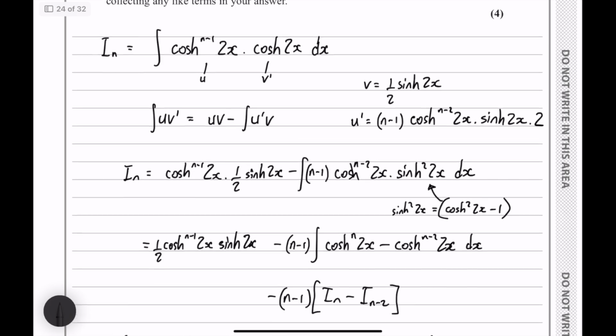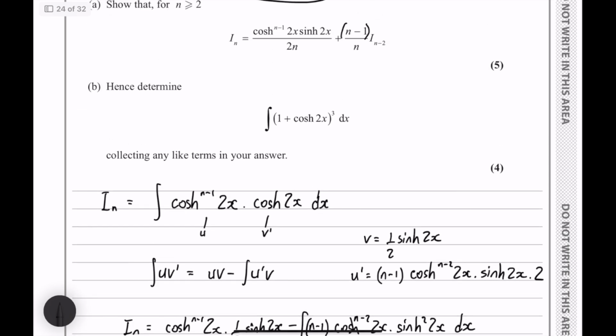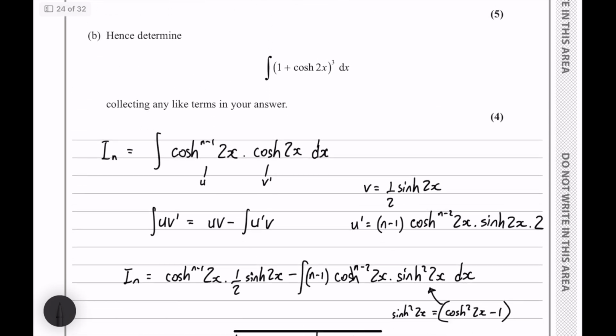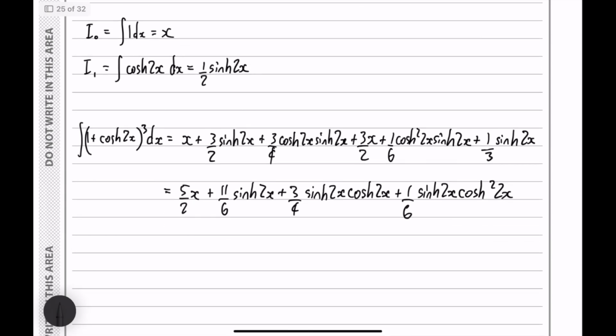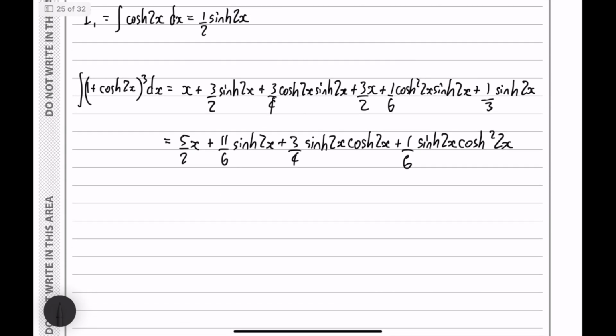What does it say to do with that? Collecting any terms in your answer. Yes, we did that. Okay, that should be question 7 finished. On to question 8.